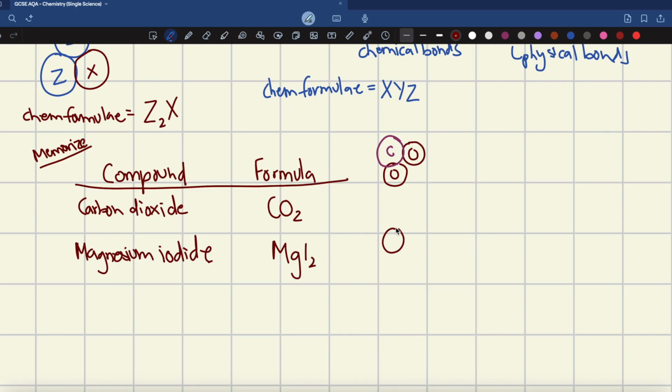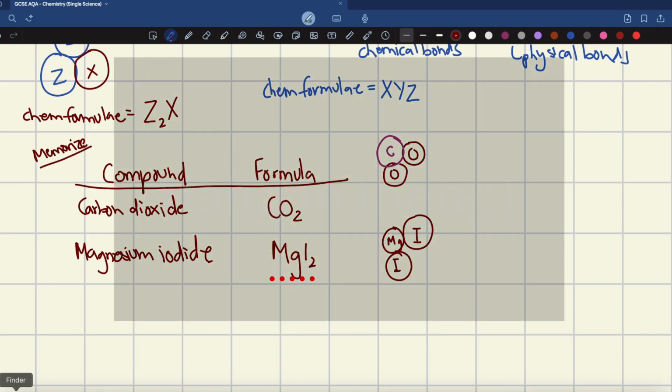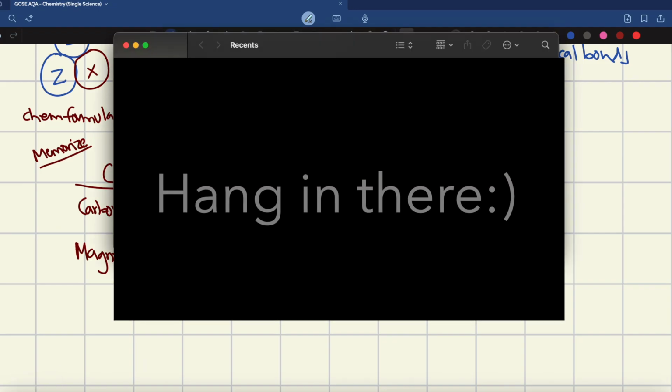This also means that there's one atom of magnesium and there are two for iodine. If you're ever confused, let's say they just give you MgI2 and you're confused what Mg and I stand for, again, what is the periodic table for? You're immediately going to open up your periodic table and you're sorted.